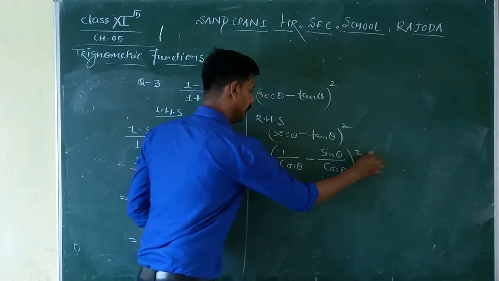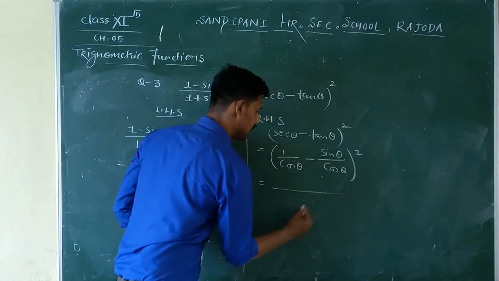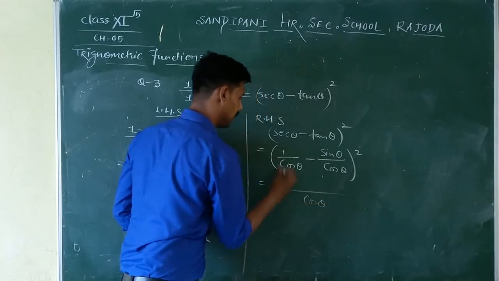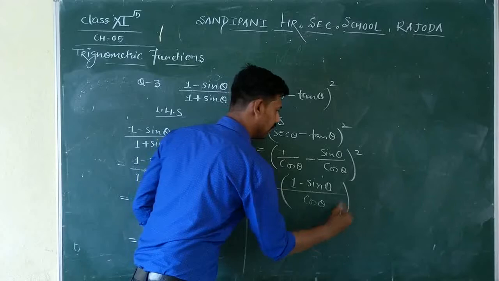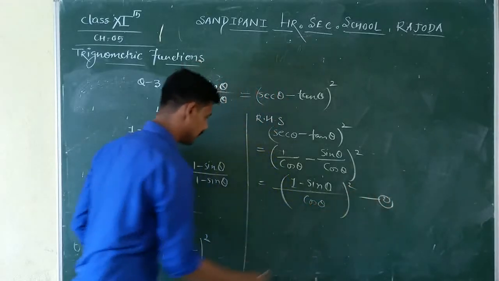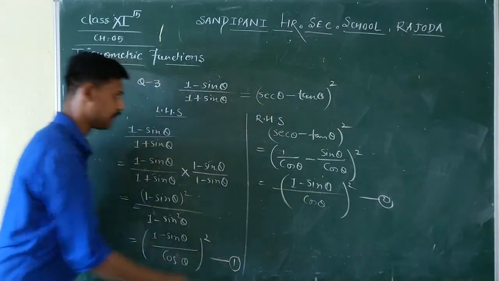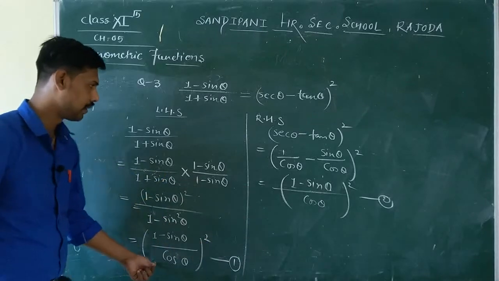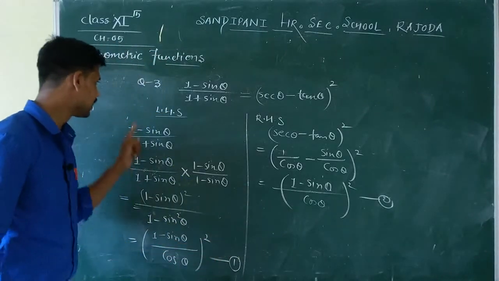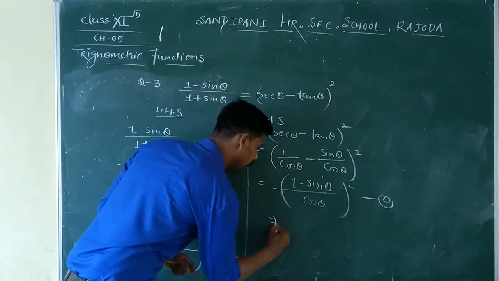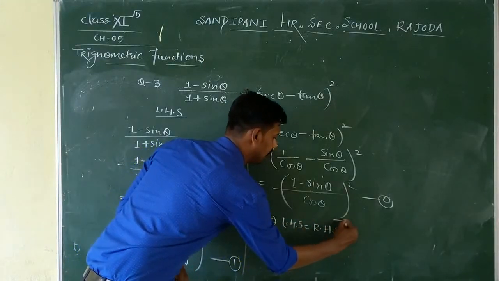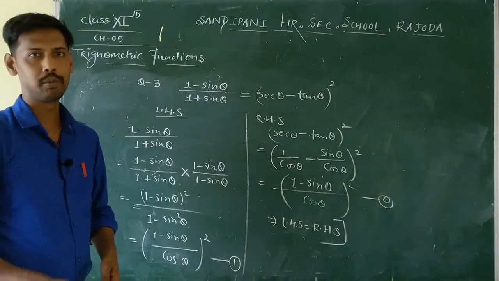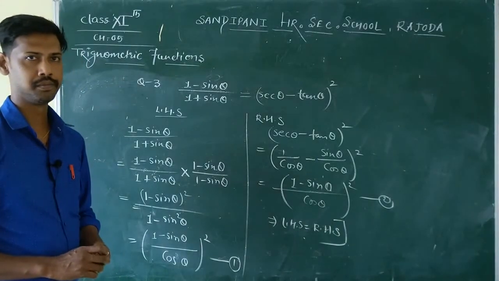Cos theta as a common LCM, take a denominator, here 1 minus sin theta whole square. By equation number second and equation number first, we can say LHS will be equal to RHS. I hope student you are getting the proper solution of this question.